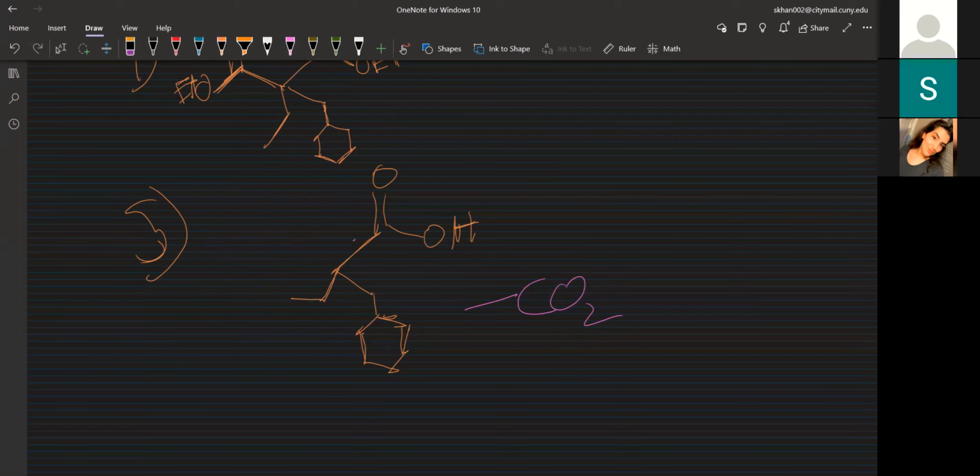And then you have access to this, which is a 1,2. So I guess it would be a 2,2 disubstituted carboxylic acid. So that structural motif is, I'm sure, probably prevalent in a lot of natural compounds, right? So that's the main point of this, to access this kind of functionalization, right?